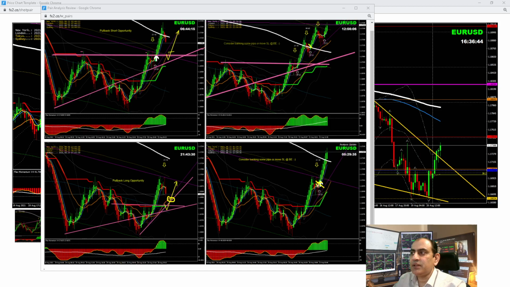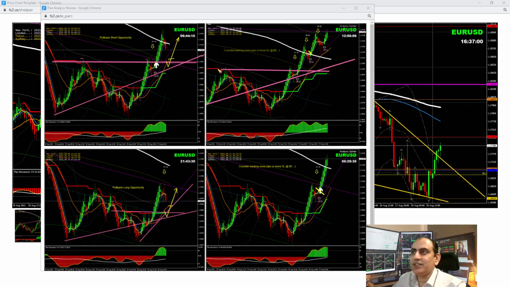Price nicely developed a pullback, beautiful. I explained to my traders to bank some profit as soon as the price hit this level. At the London morning session, I explained to my traders, let's keep looking for a pullback as long as the momentum is bullish. You can see here, we had two more beautiful pullbacks at the London morning session. Even in New York, we just kept taking pullback long trades here.